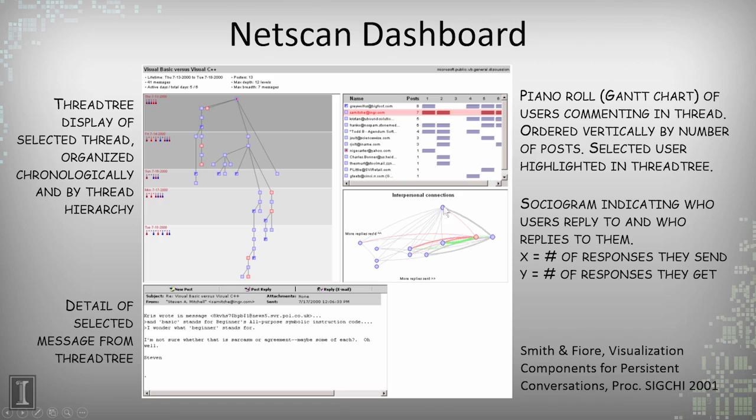So this original poster is getting a lot of responses, and the rest of these are getting some responses to their posts. Finally, you want details on demand. You've got this detail selection, so you can select a node here and see it. You can select a person here, it gets highlighted in the thread tree, and you can select an individual node here and see what the actual post is in order to drill down to those details.